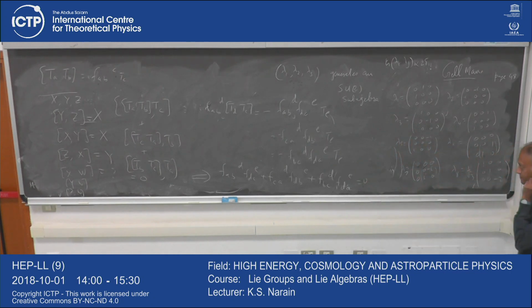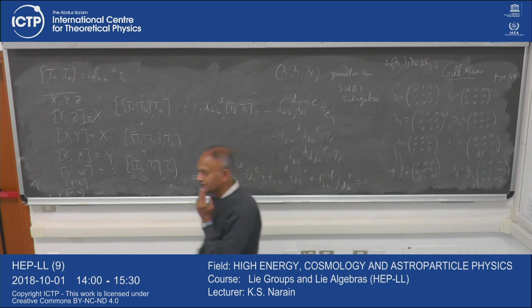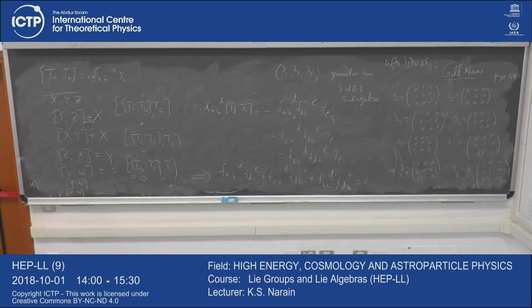That's the condition. So, what do we mean by the Jacobi identity? Do we mean that we take all the elements of the algebra, or we can take any collection of algebra elements and they should satisfy it? Yes, they should satisfy it.